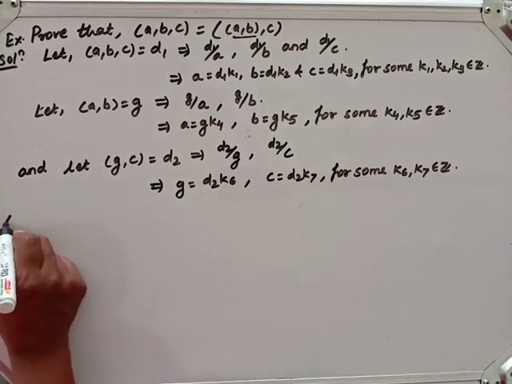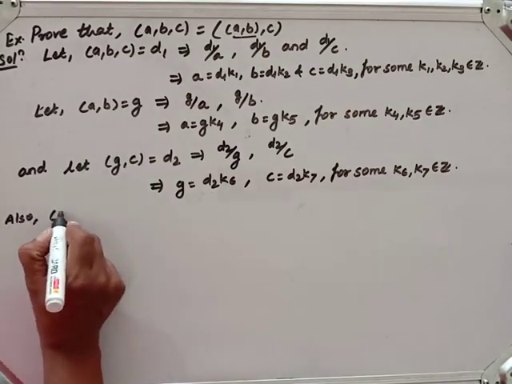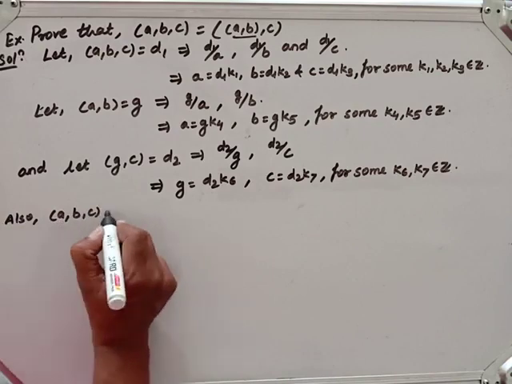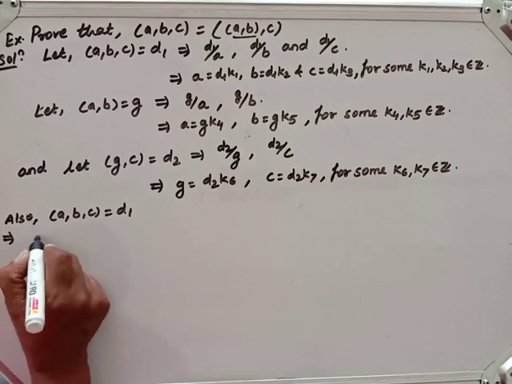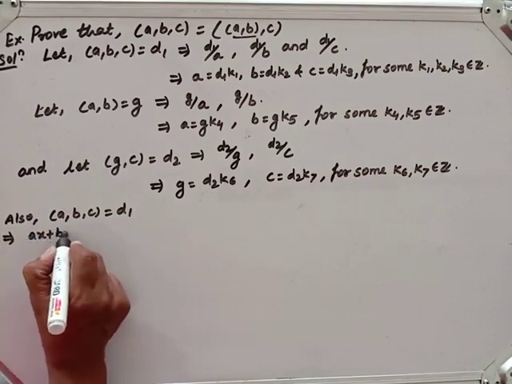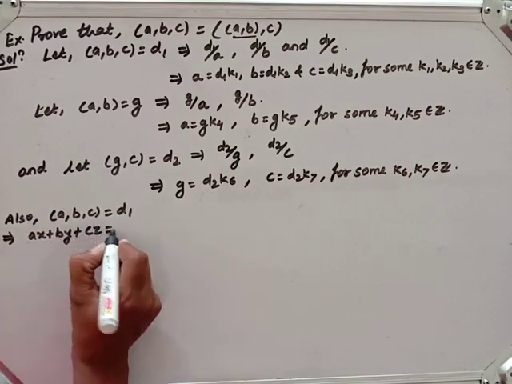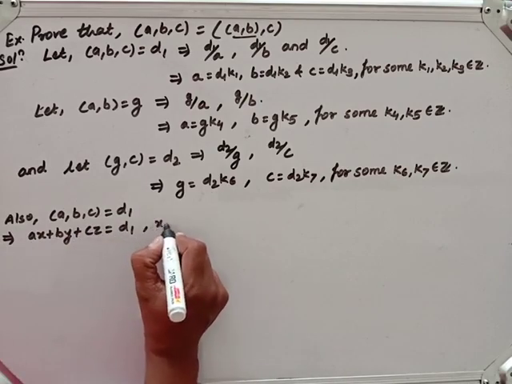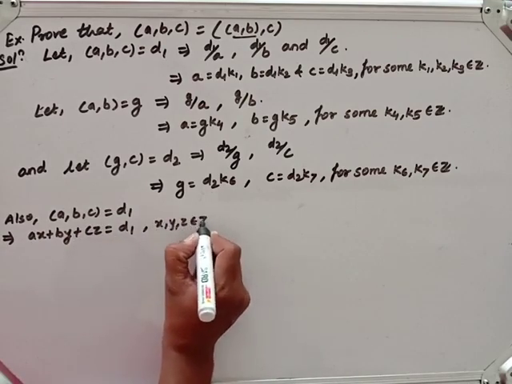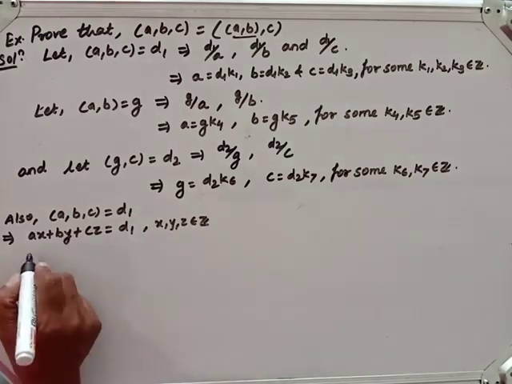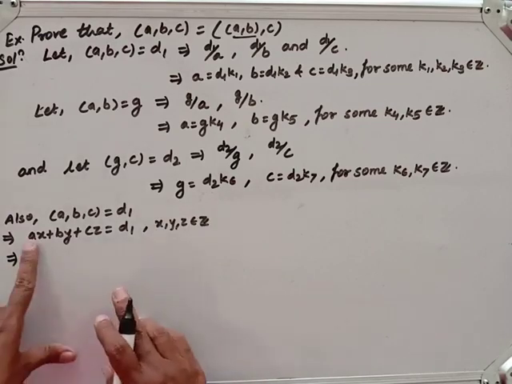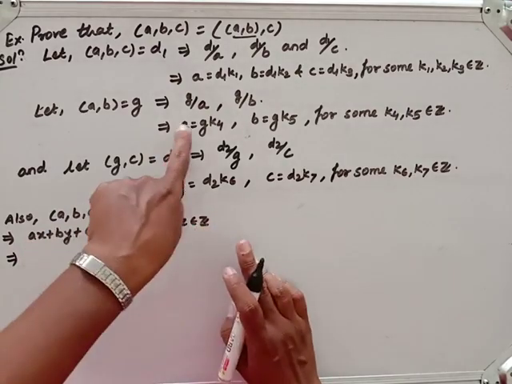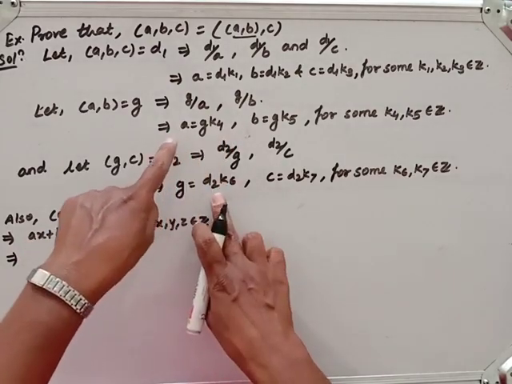Now also GCD of A, B and C is D1. So this implies AX plus BY plus CZ is equal to D1 for X, Y, Z belonging to Z. Fine. Now let me substitute the values of A, B and C here. A is GK4, but what is G?